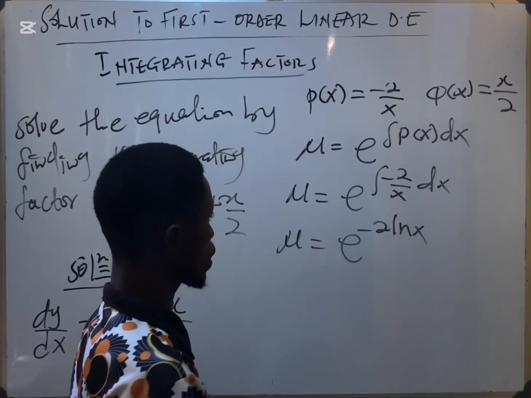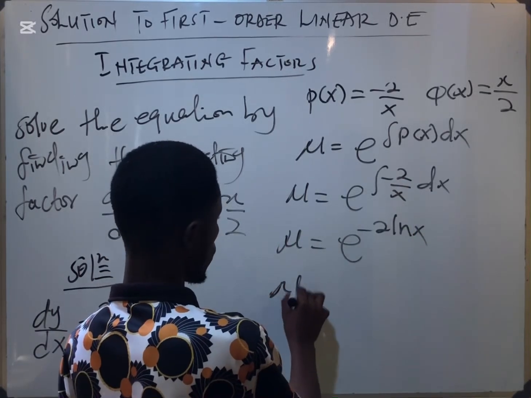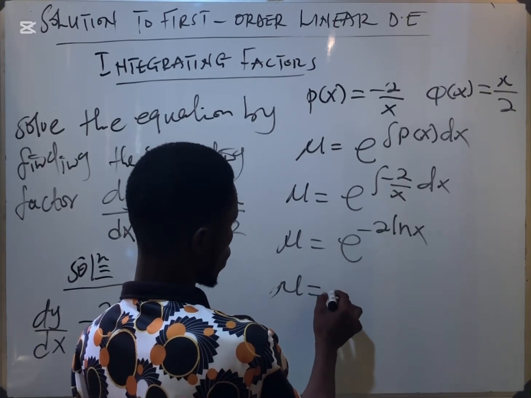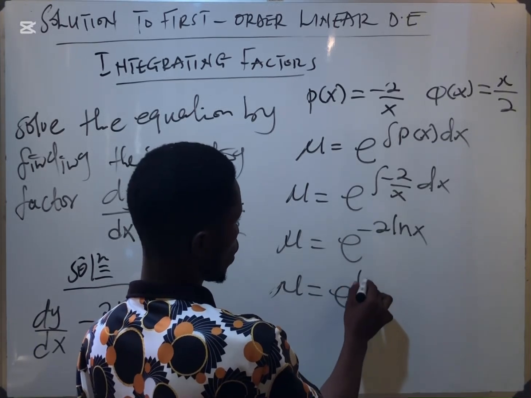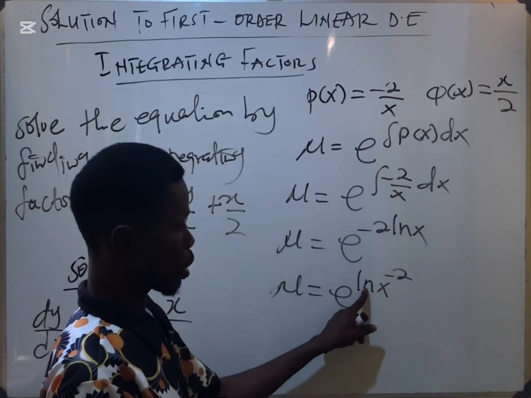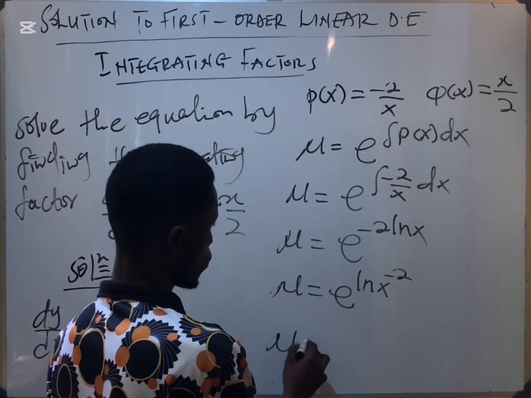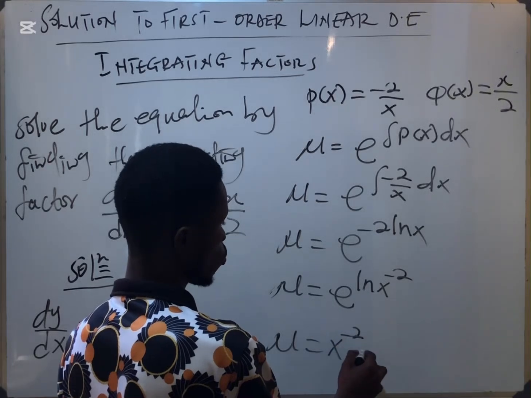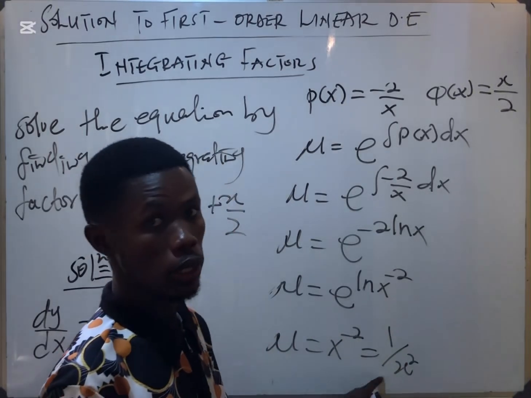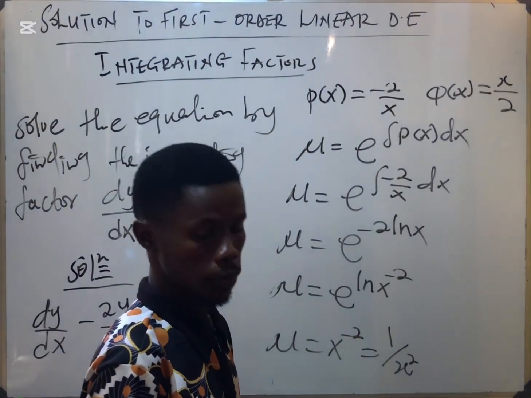I hope you can see that. So mu equals e to the power ln x to the power negative 2. So this e will cancel this ln. So our mu becomes x exponent negative 2, which is the same as 1 over x squared. So this becomes our integrating factor. Is that okay?